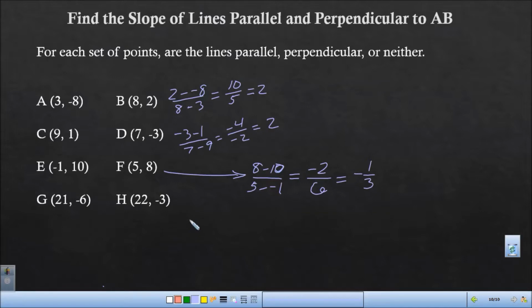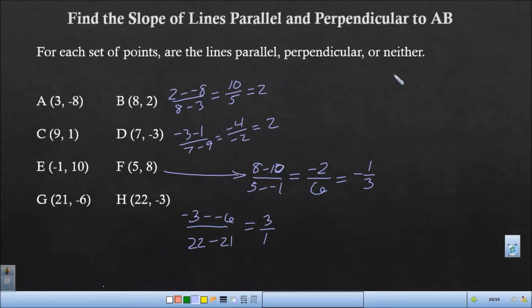And the last one is -3 minus -6 over 22 minus 21. This is -3 plus 6, which is 3 over 22 minus 21, which is 1.